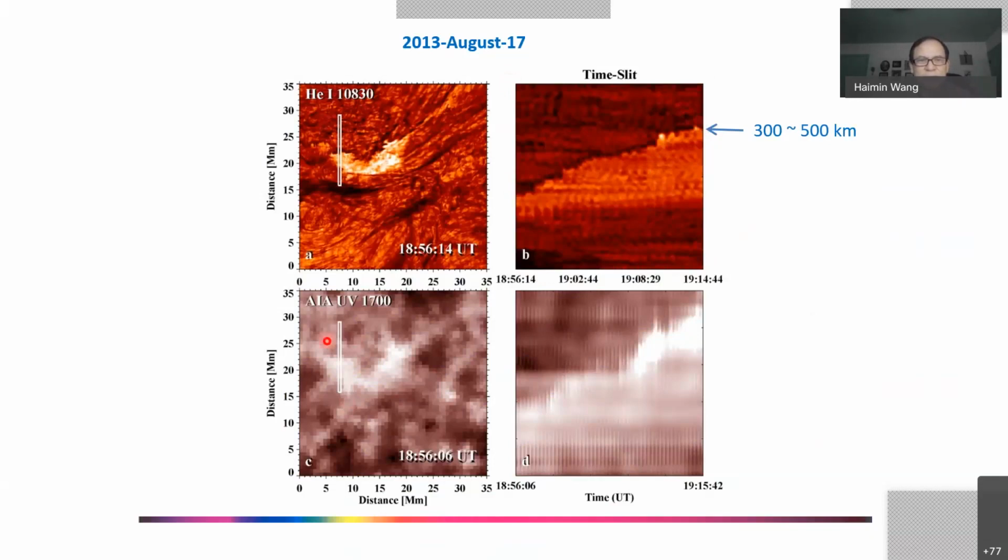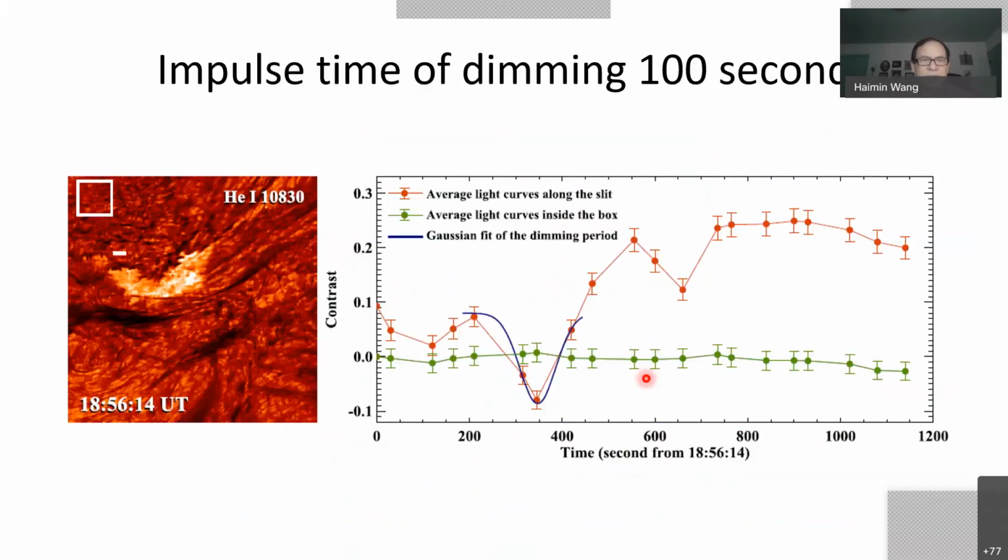Then we do the same thing for the AIA, that's the UV observation of the SDO. Then we can see there is no absorption. It's just a propagating flare ribbon, just all the brightening. Okay, how about if you fix one space point to plot the intensity as a function of time, you clearly will see a dip, a couple minutes after the start of the flare.